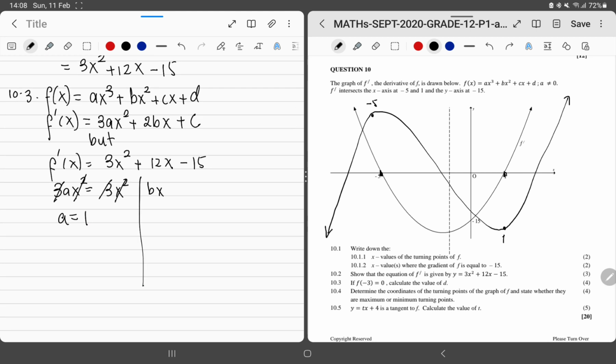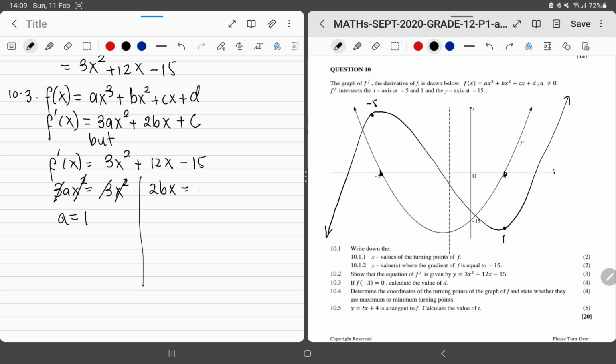And then 2bx should be equal to 12x. Let me just double check. It's 2bx, it's not 2bx squared. It's 2bx.